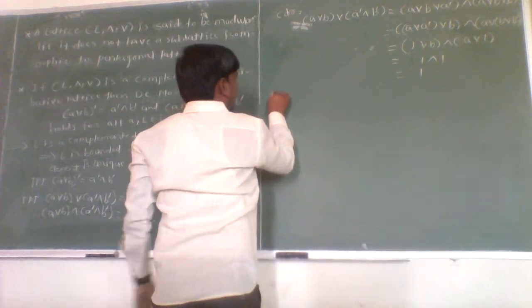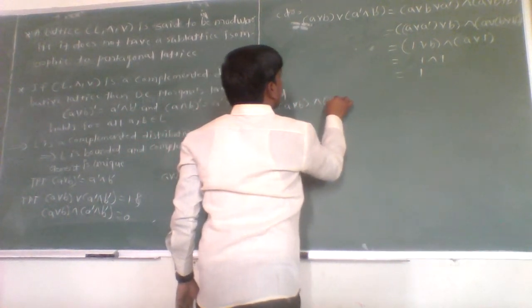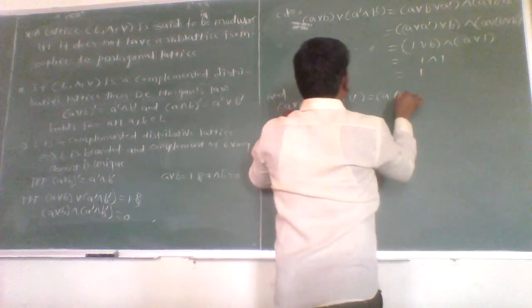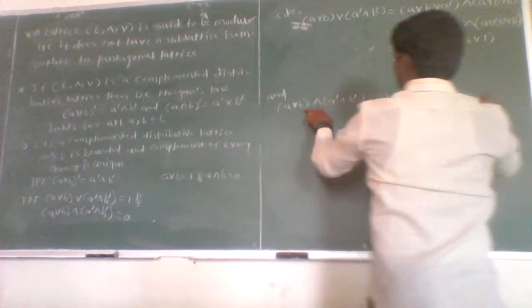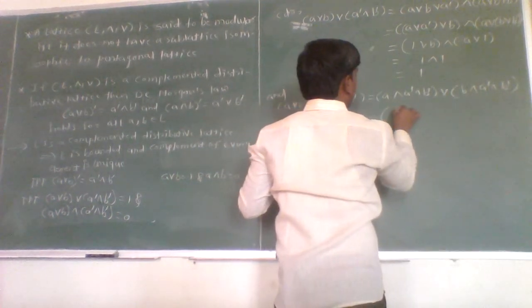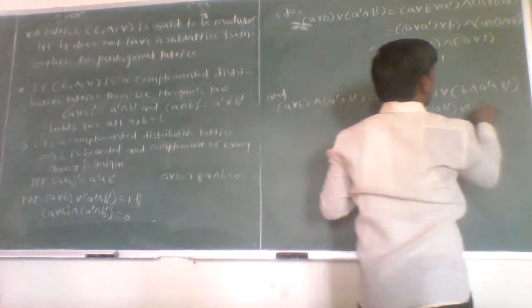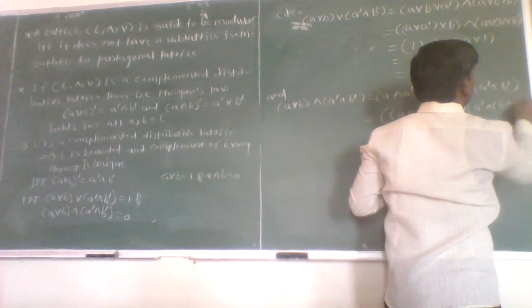Now, second one, (A join B) meet (A dash meet B dash) is equal to A meet A dash meet B dash join B meet A dash meet B dash, and this one can be written as (A meet A dash meet B dash) join (A dash meet B meet B dash).